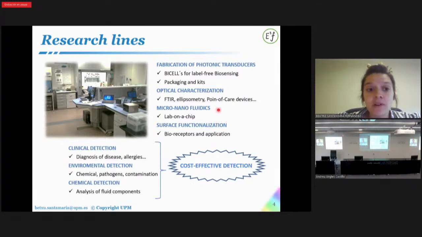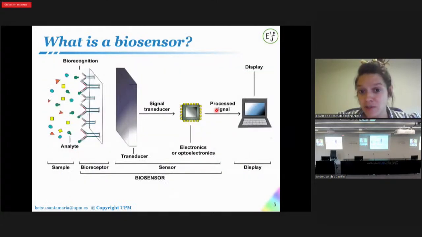So if there is a word that summarizes all our research, it is the biosensor. What is a biosensor? It is a device that can transduce a biological interaction into a measurable signal. How does it do it?